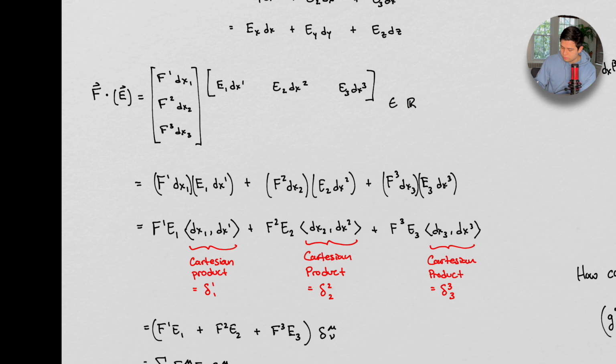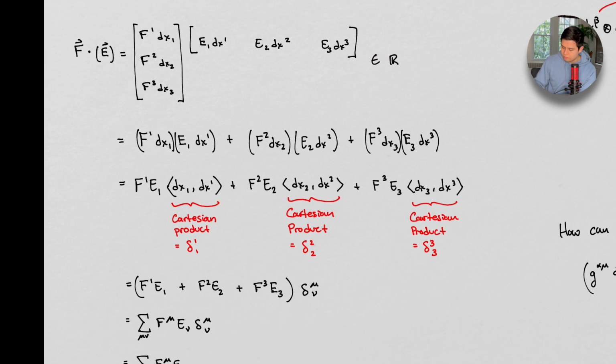This has to be a number, and that number is just the sum of all of this: this times this, plus this times this, plus this times this. We can take out all the numbers. So f1 is just a component, e1 is just a component, f2 is just a component, e2 is just a component. So these are all just numbers that get drawn out.